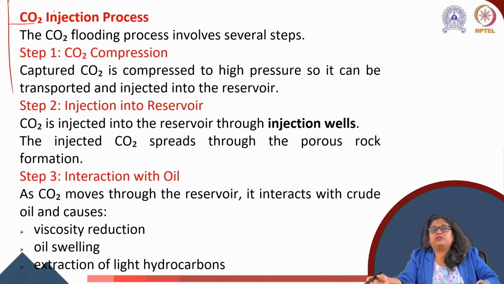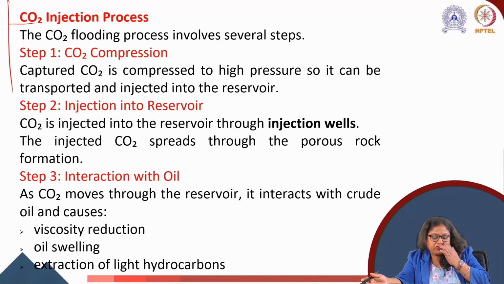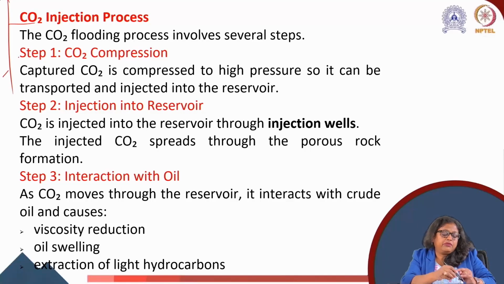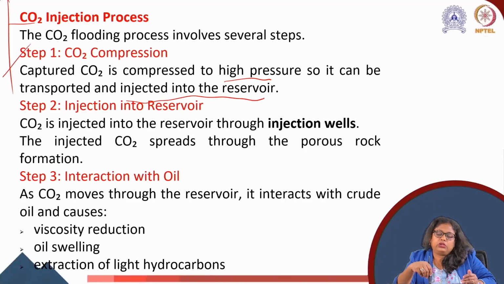Now let's talk about some injection processes. First we will understand the CO2 injection process, and then we will focus on the different injection patterns. The CO2 flooding process involves several steps. The first is CO2 compression. First we capture the CO2, and after capturing, we compress it to high pressure so it can be transported and injected into the reservoir.